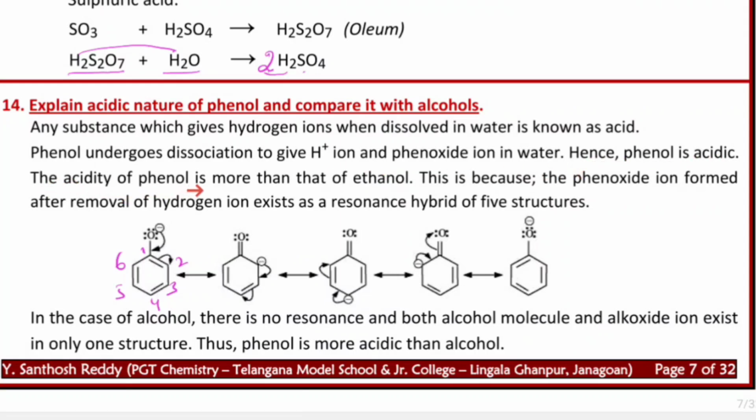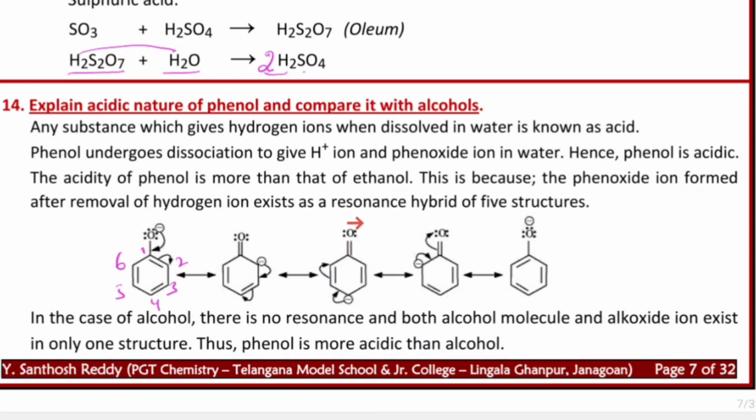The acidity of phenol is more than that of ethanol. This is because the phenoxide ion formed after removal of hydrogen ion exists as a resonance hybrid of 5 structures. Actually, whatever explanation I have given to explain these resonance structures is just to make you understand.